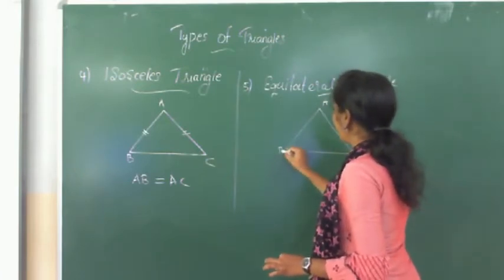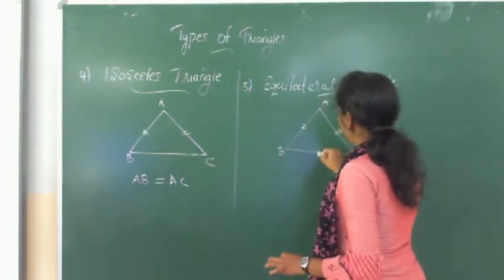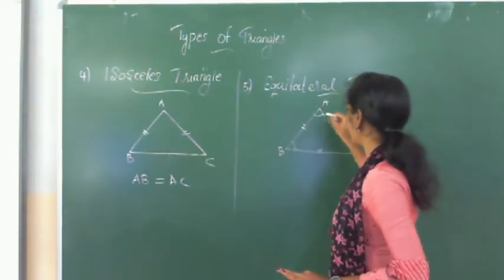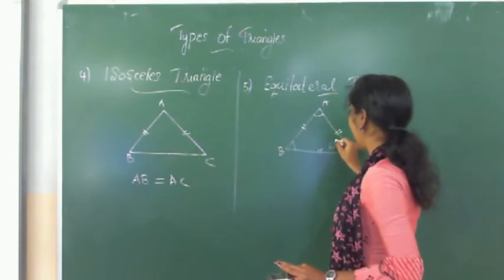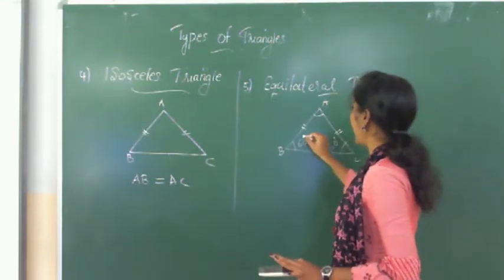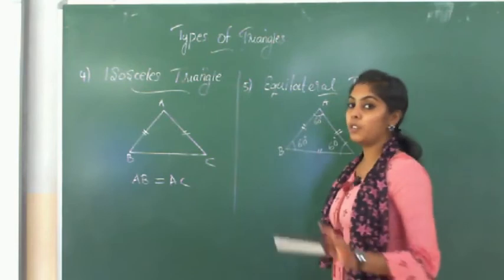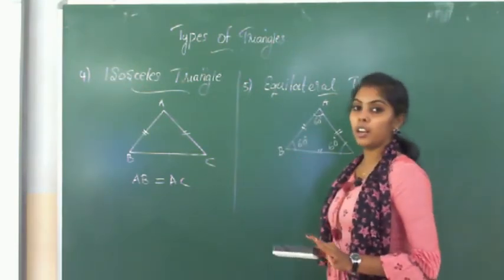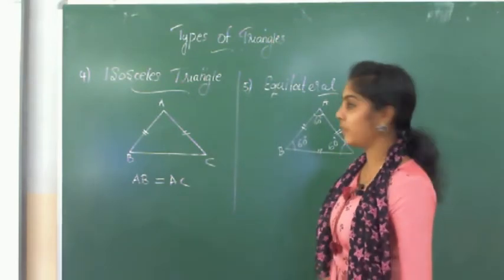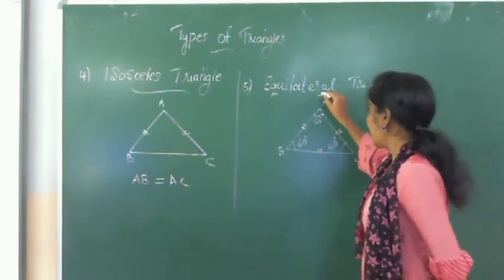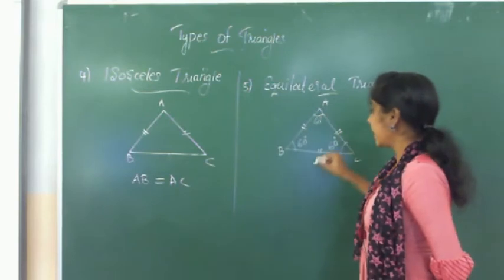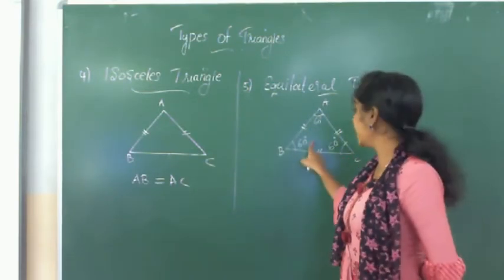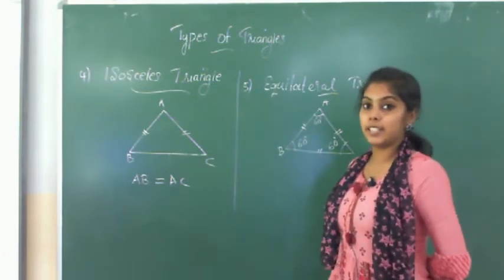Then automatically the angles should also be equal. Each angle will be 60 degrees, because then only the total will become 180 degrees. So an equilateral triangle means all three sides are equal and all three angles are also equal, each equal to 60 degrees.